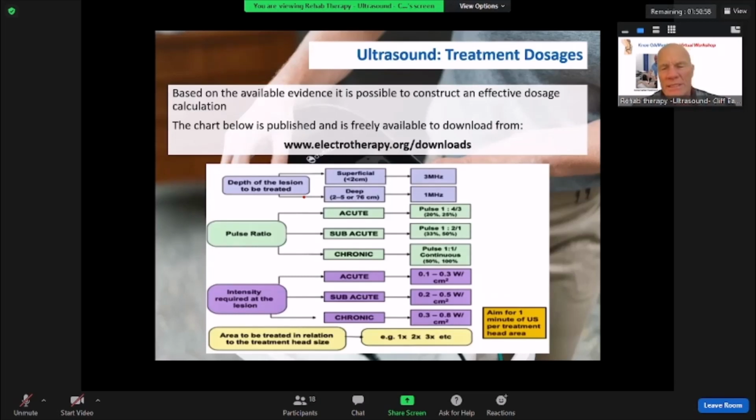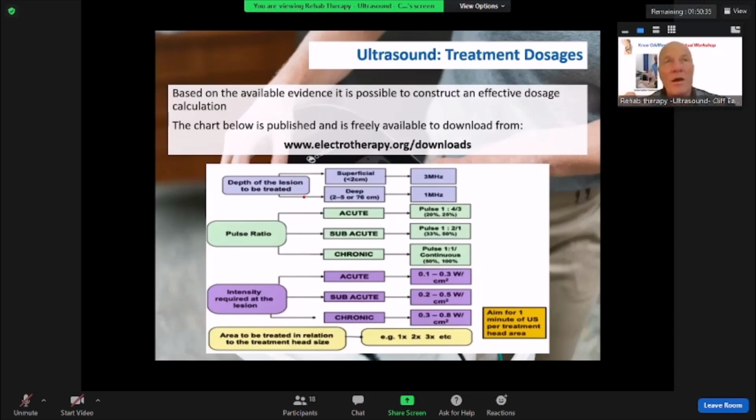Then if you look at the intensities, in acute, you're looking for 0.1 to 0.3 watts per centimeter squared at the depth of lesion. That's not at the skin, guys, that's at the depth of lesion, because sound waves attenuate as they travel through human tissue.